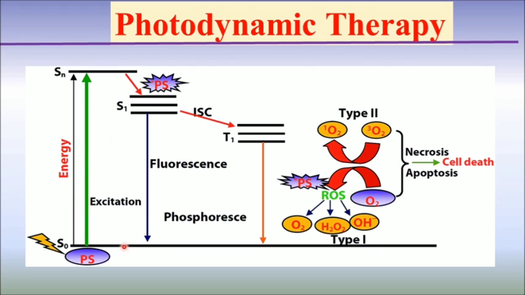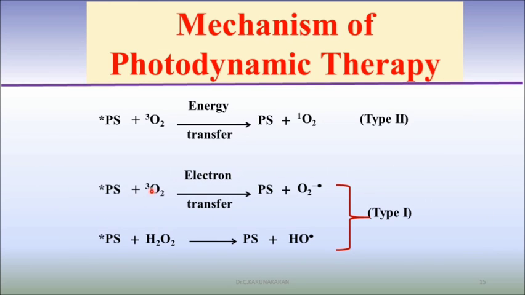Or the excited photosensitizer can transfer an electron to triplet oxygen to form superoxide radical, or it can generate hydroxyl radical. There are two types of mechanism: Type 1 mechanism, formation of free radicals, and Type 2, the formation of singlet oxygen. Using ESR spectroscopy, the mechanism of photodynamic therapy can be obtained. Similarly, free radical intermediates can be detected only by means of ESR spectroscopy.